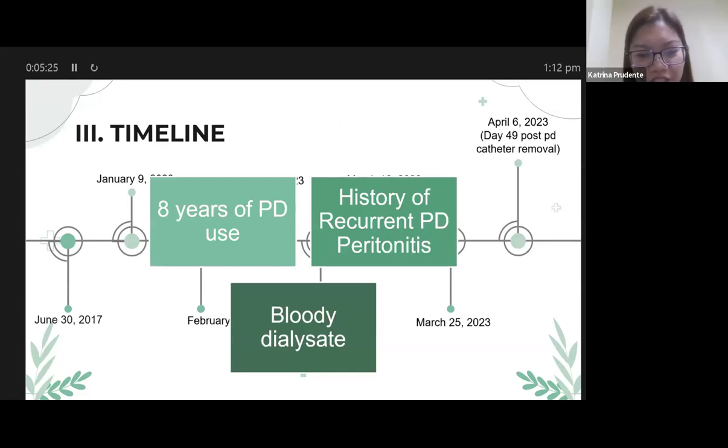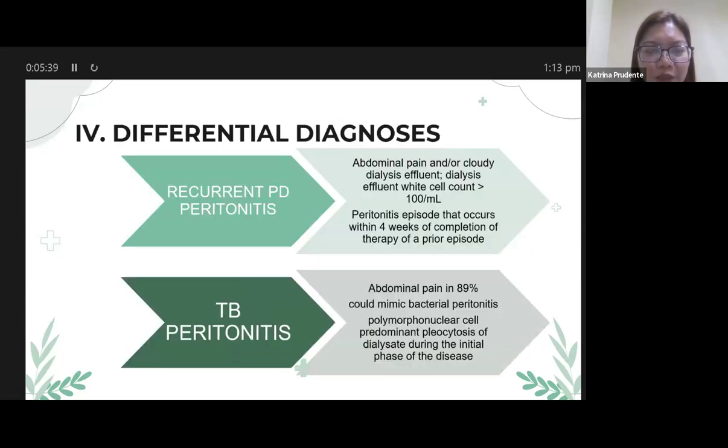So for the pertinent history and the physical examination, we are presented with a case of a patient on 8 years of PD, history of recurrent PD peritonitis with organisms like Pseudomonas, Acinetobacter, and Staph aureus, now presenting with a bloody dialysate. So our differential diagnosis at this time includes recurrent PD peritonitis. TB peritonitis was also considered because it is also prevalent in our country, and there was a history of lymphocytic predominance in the dialysate cell count.